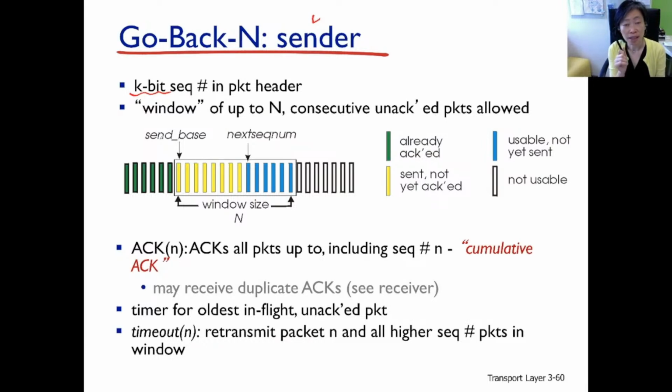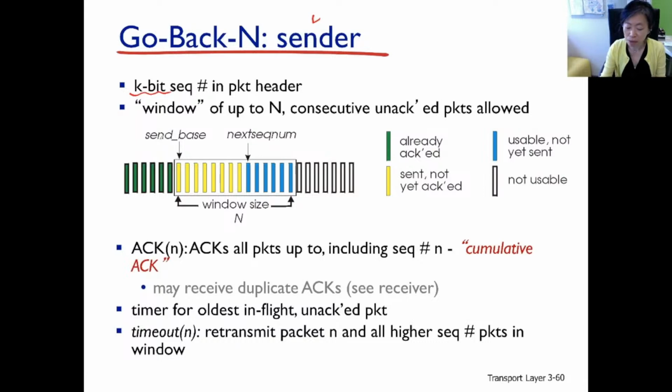In that case, we just need a one bit sequence number to tell the old packet and the new packet apart. But now, go back N being a pipeline RDT, we allow multiple packets to be in transit without being acknowledged. So your intuition should tell you that you need a higher number of sequence numbers to tell all these in-flight packets apart.